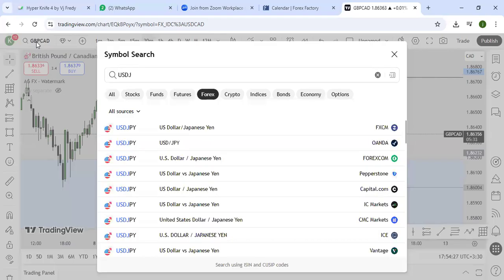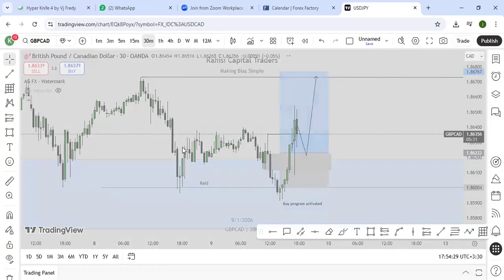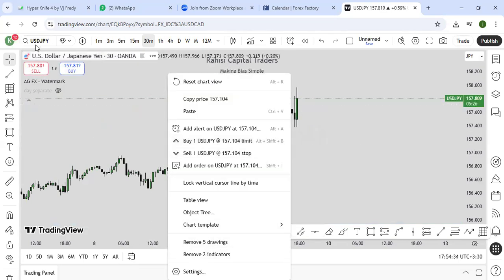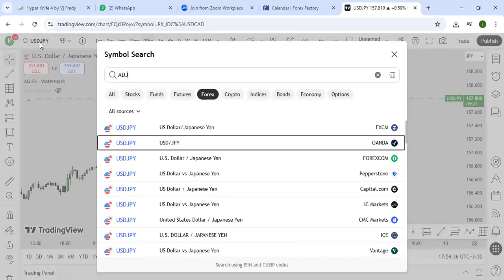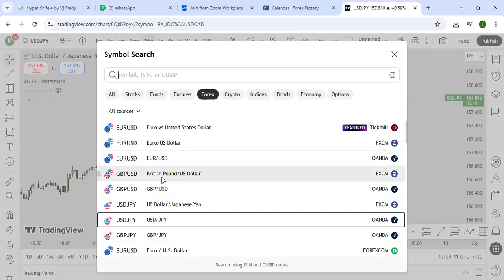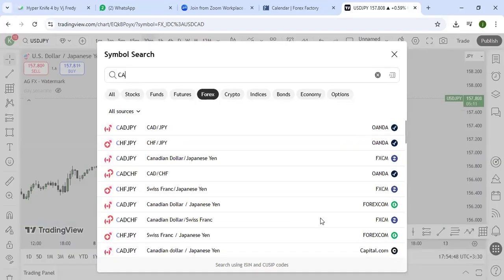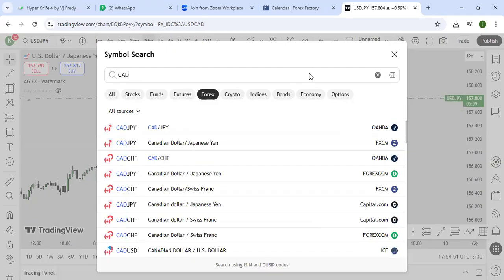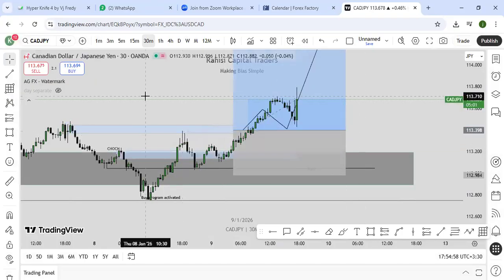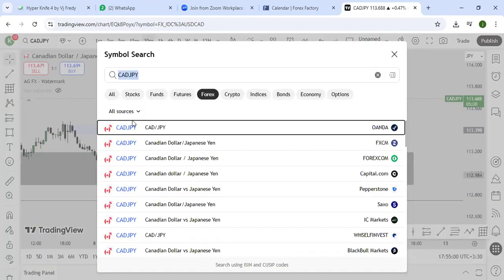USD JPY. Okay, let me do CAD JPY. So we have this, the CAD JPY I shared with you in the group.